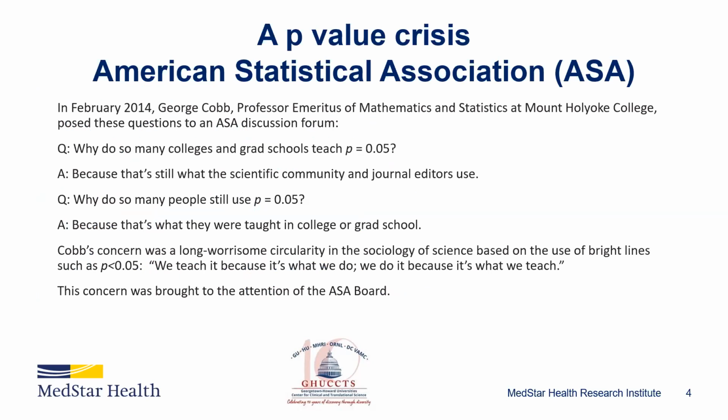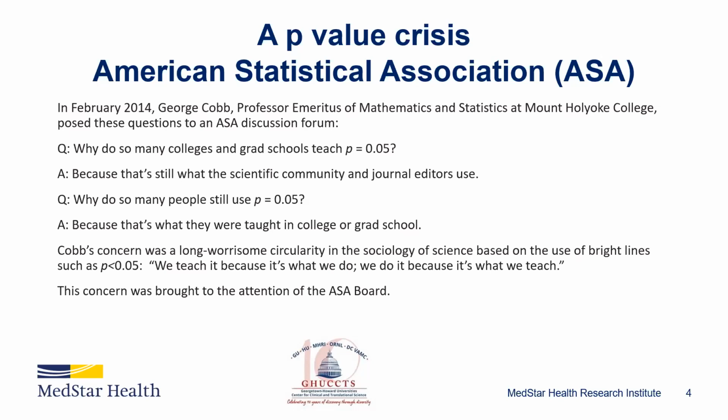There was a question about why, in introductory statistics courses in colleges and grad schools, we teach that p should equal 0.05. And the answer was that, well, that's what the scientific community and journal editors use.